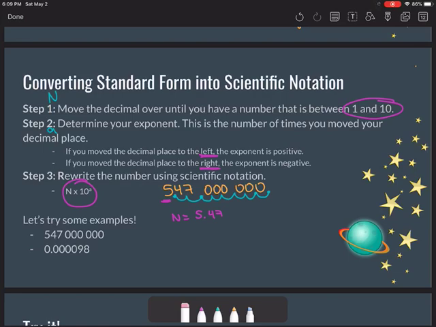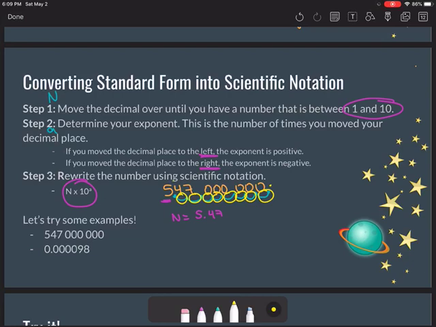Our next step, so that was step 1. Step 2 is to figure out how many times we've moved it. So we've moved it 1, 2, 3, 4, 5, 6, 7, 8 times, right? The decimal used to be over here, and we moved it all the way over there.